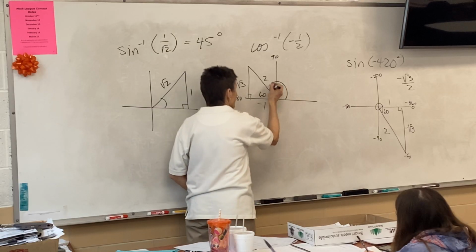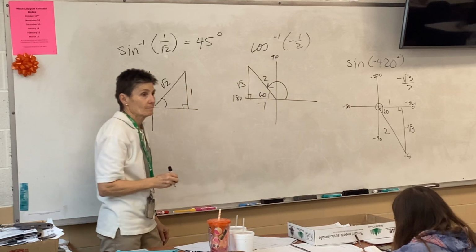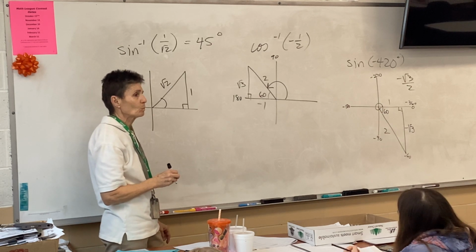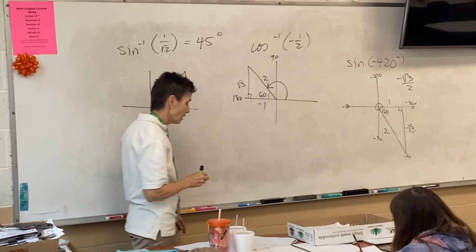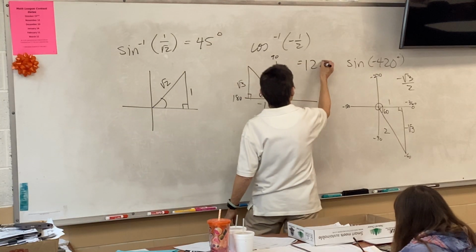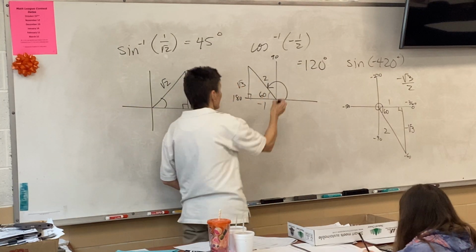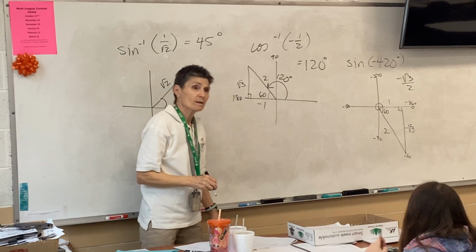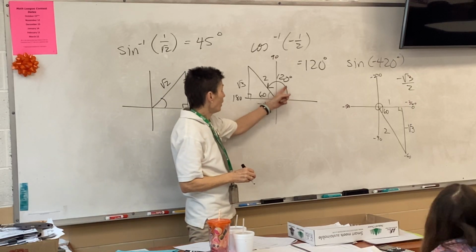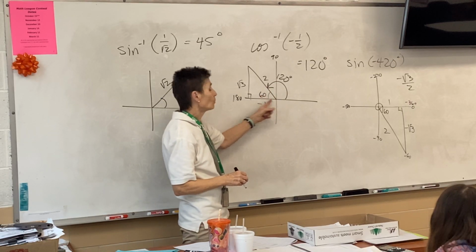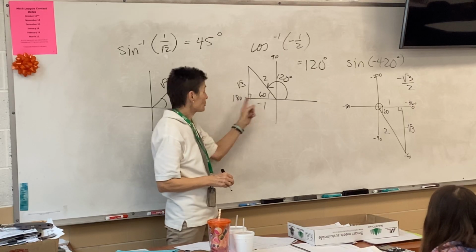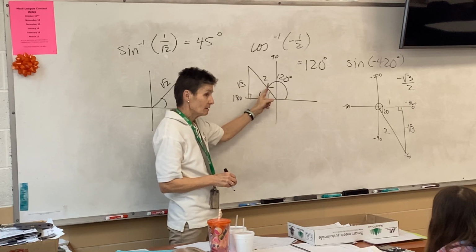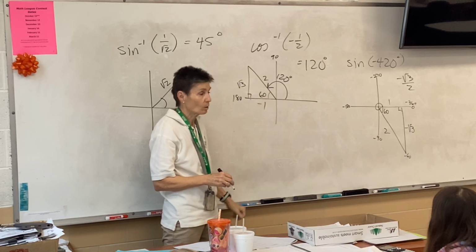So now we have to use our logic. What is that? 120. So the answer to this question is 120 degrees. I need you to look at the situation and make sure that 120 makes sense to you. 120 and 60 would make 180, right? So I knew that was 60. I'm trying to figure out what that has to be. It's 180 minus 60, 120.